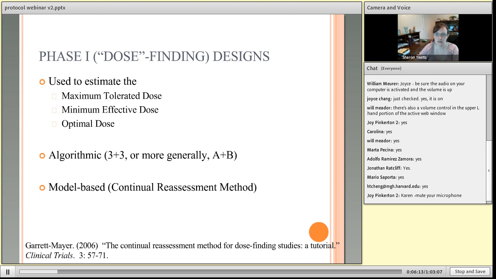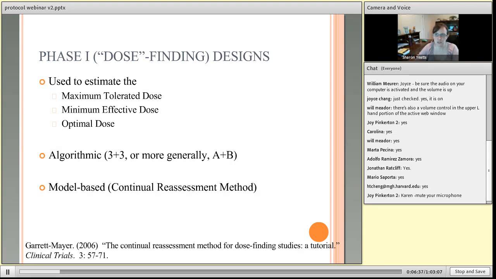Even if three of you have the same dose-finding question, it's unlikely that you're going to define the maximum tolerated dose in exactly the same way. And that's one of the things that you need to think through as you're writing your protocol if you're in this dose-finding space. What does the maximum tolerated dose mean for your specific intervention?